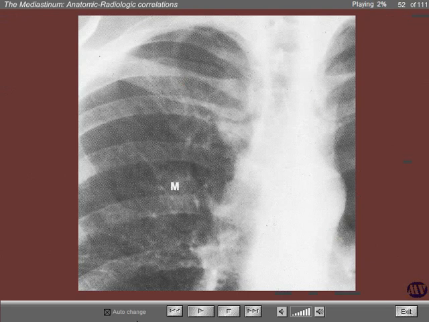In this other patient, we see a subtle density in the lung, labeled as M, which was a tumor, and note also a prominence of the azygos node due to adenopathy. So the distinction between an enlarged azygos node and an enlarged azygos vein is not only given by history, but also by the fact that, particularly in the lateral view of the chest, when the node is not calcified, we should always see a posterior margin to the node, while there is no posterior margin in the azygos arch.